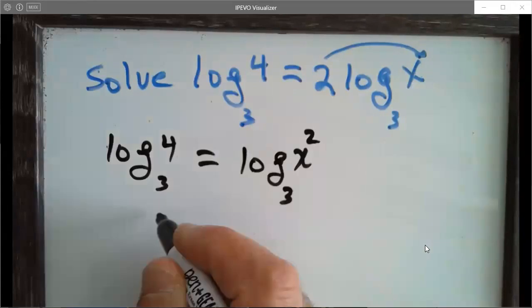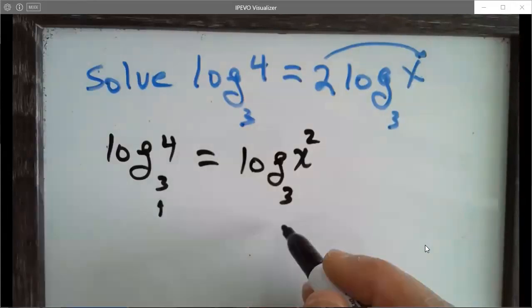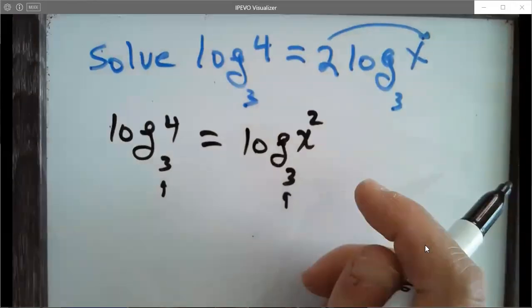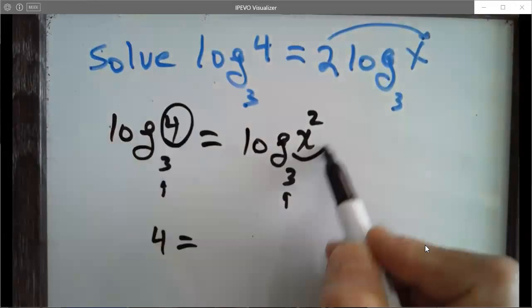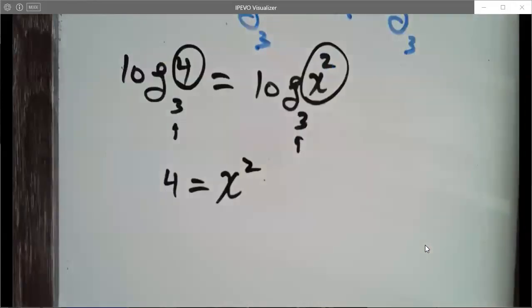So the base for one side is the same as the base for the other side. Therefore we can set these two equal to each other: 4 equals x squared. And then we solve for x.